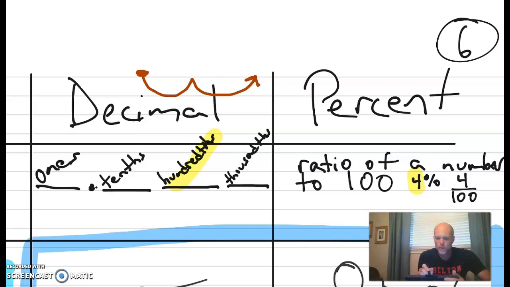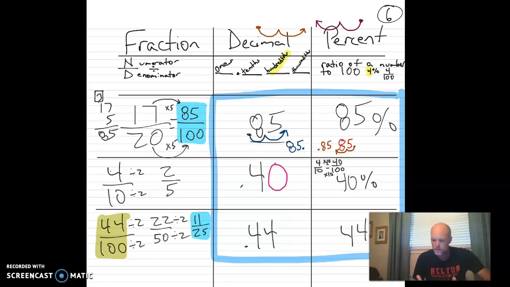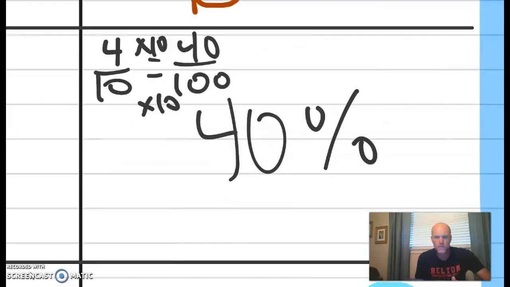And to go from this percent, the percent over there that's on the right, to the decimal on the left, just do the opposite direction. Move the decimal once, move the decimal twice to turn it into a decimal. The part where we struggle is when we look at this one, 40, we don't see a decimal.